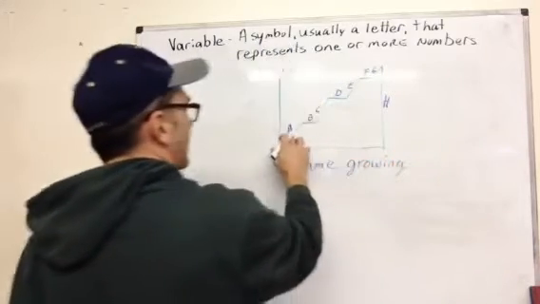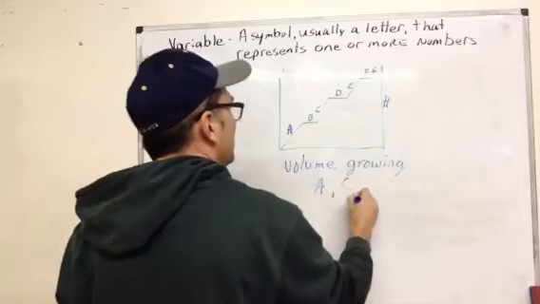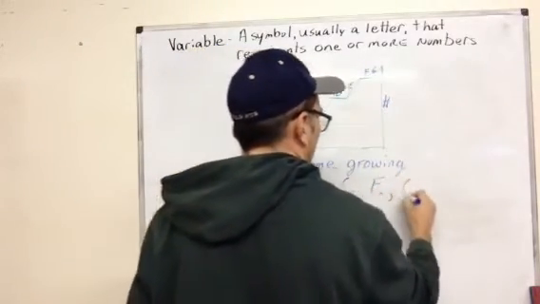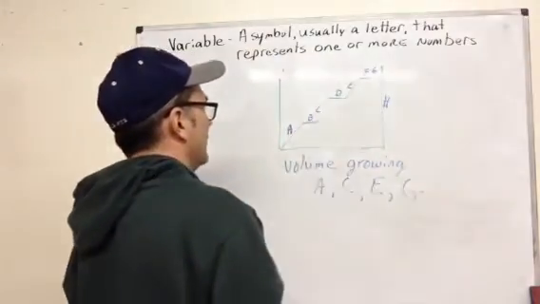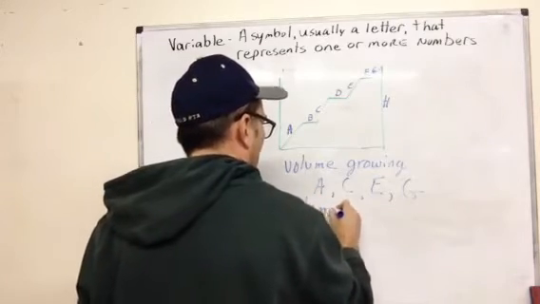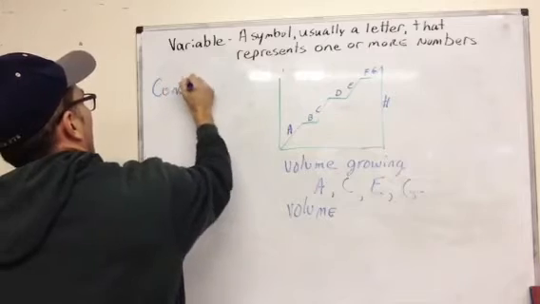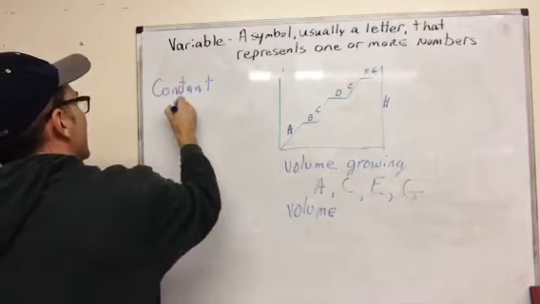Our volume is growing at sections A, C, E, and G. Where the volume is constant. Okay? And let's talk about the word constant. Constant. Does not change.